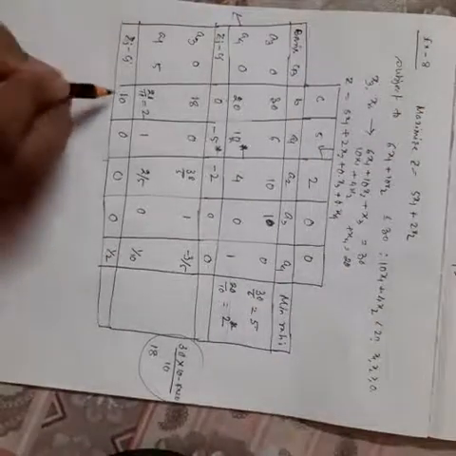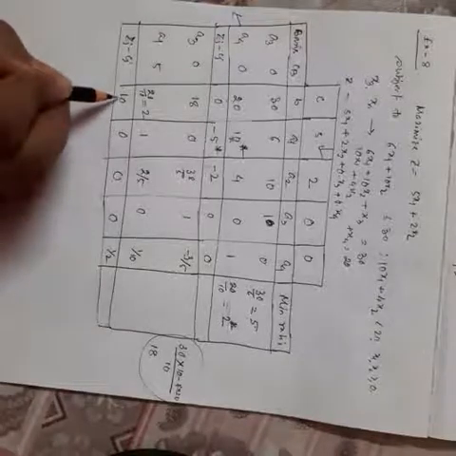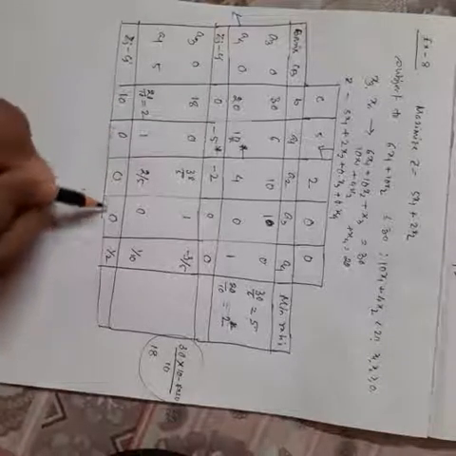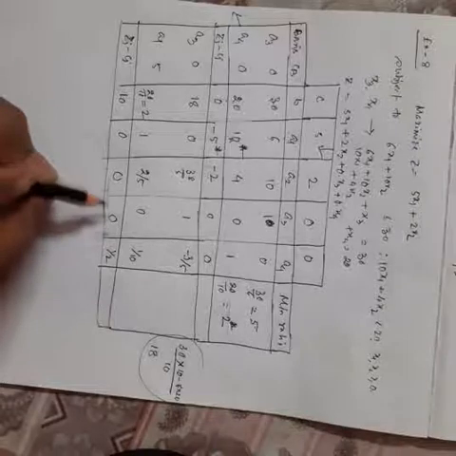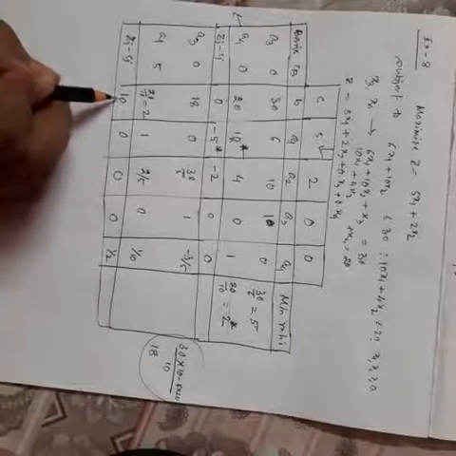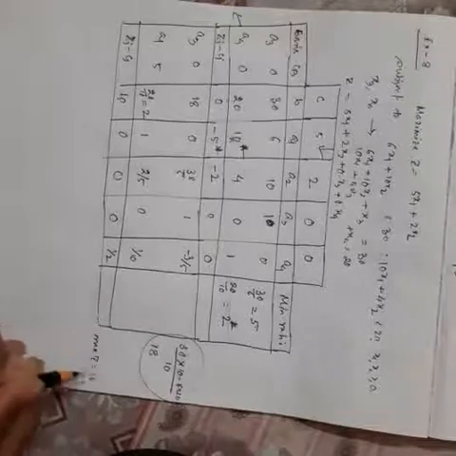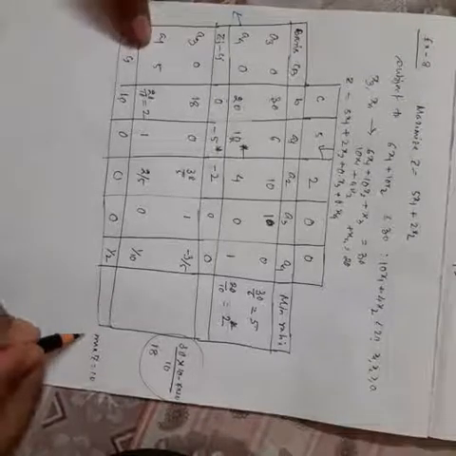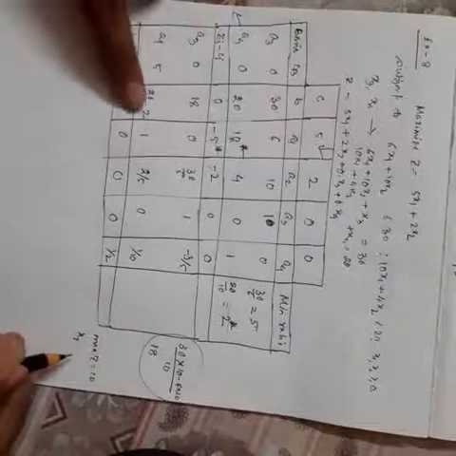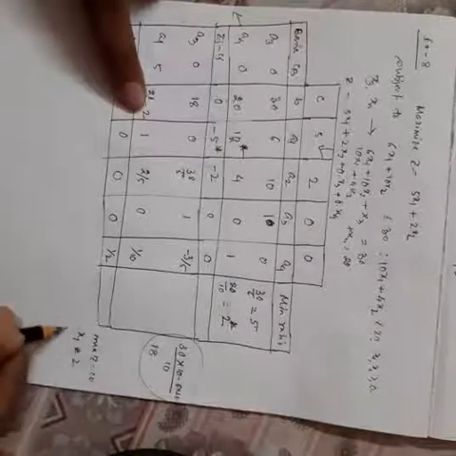Here you can see that all the Zj minus Cj are greater than or equal to 0. So this is the optimal value. The maximum value is max Z equal to 10 at x1 equal to 2 and x3 equal to 18.